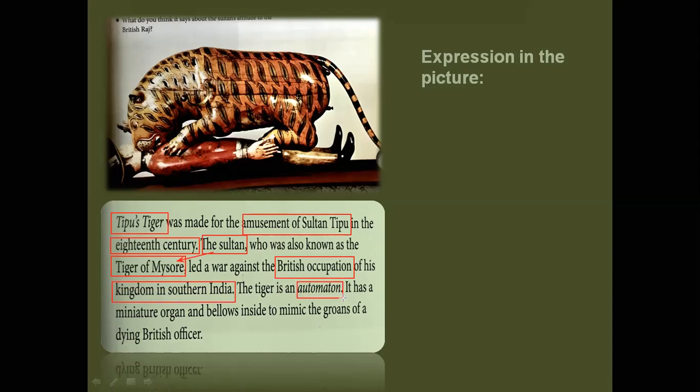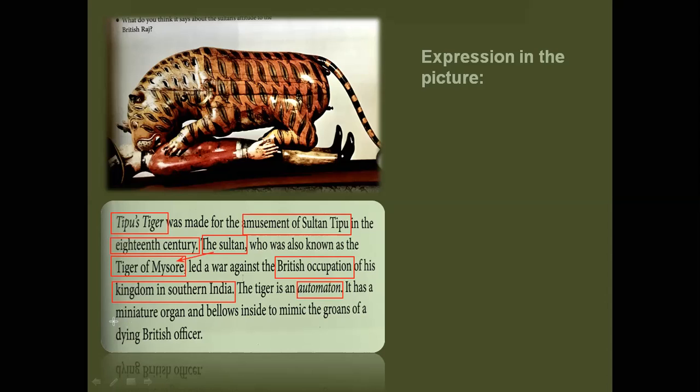As I explained earlier in the first slide, it is something that moves on its own. For example, an automatic car is different from a manual car, where you have to change the gear with your hand and push with your feet. With an automatic car, once you put it in gear, you just accelerate. So an automaton moves on its own.